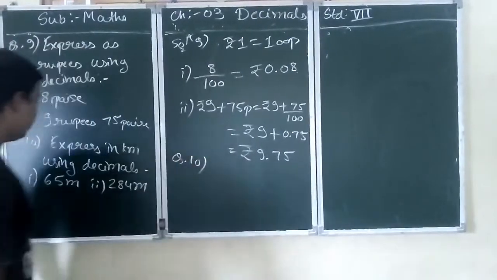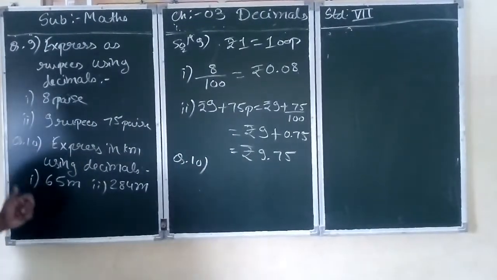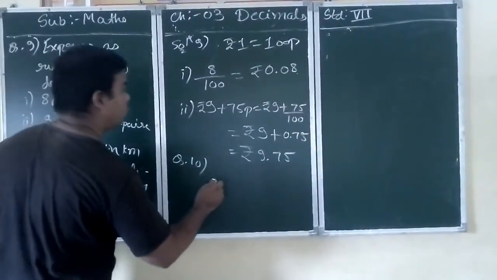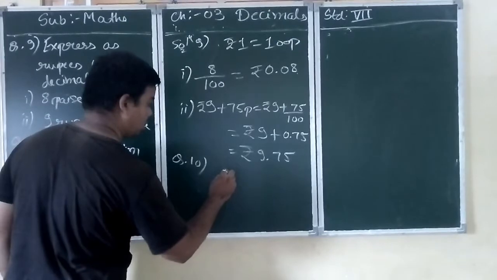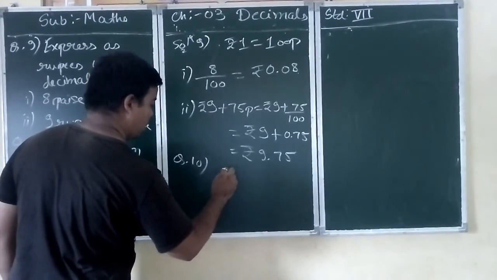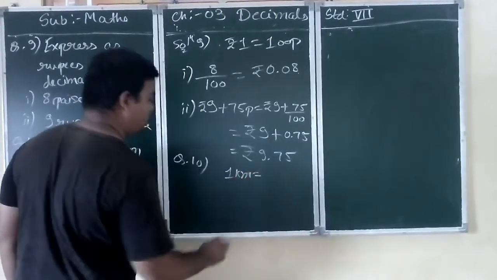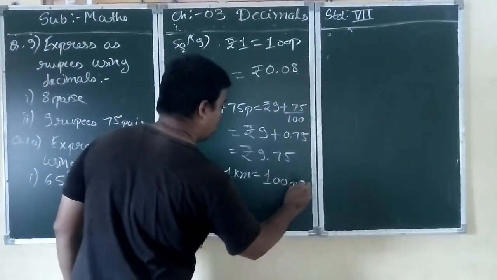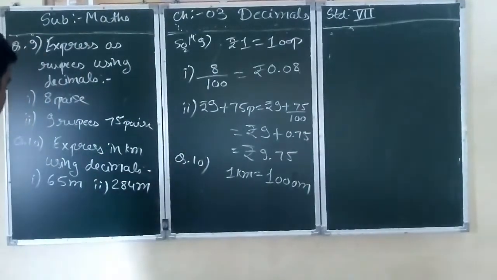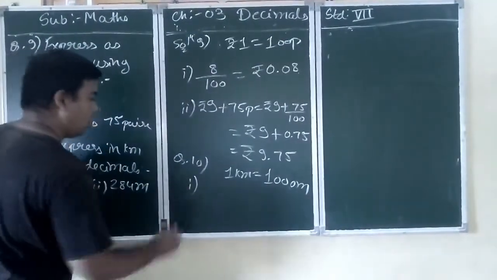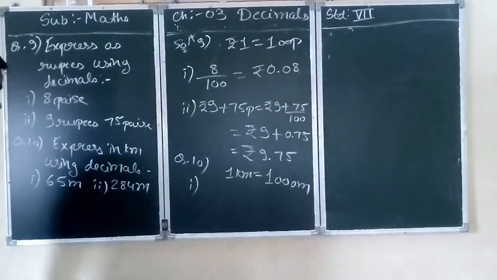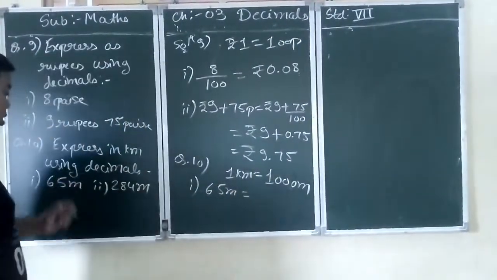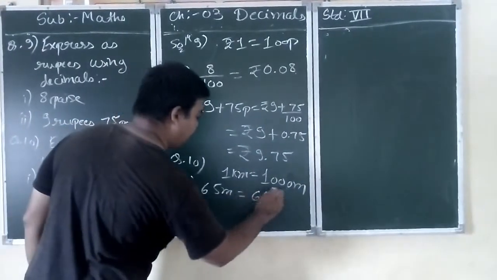Now see question number 10. Express in kilometers using decimals. Meters are given. We know 1 kilometer is equal to 1000 meters. So 65 meters converted into kilometers is 65 by 1000.